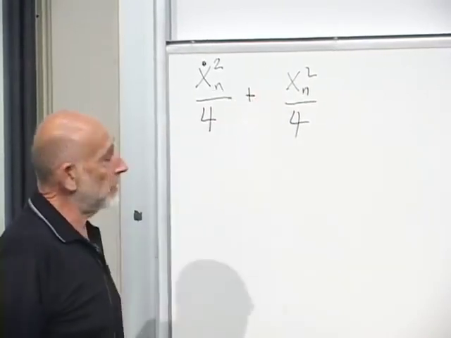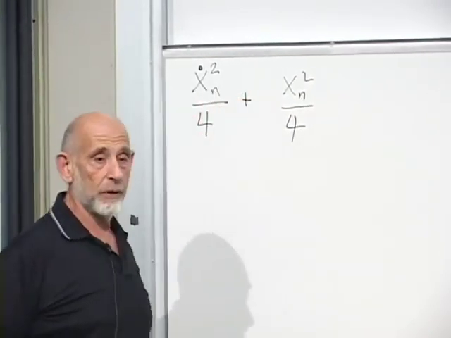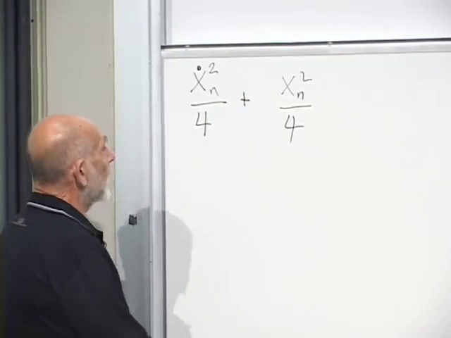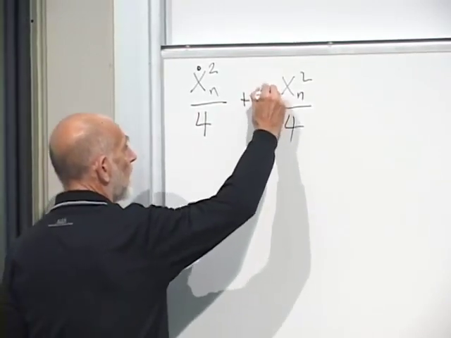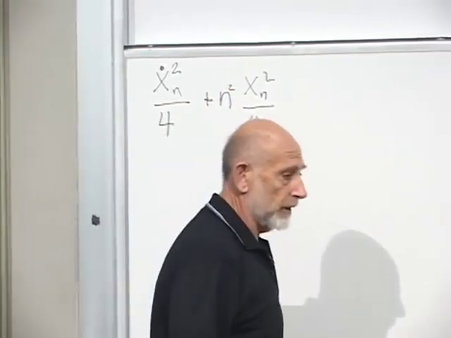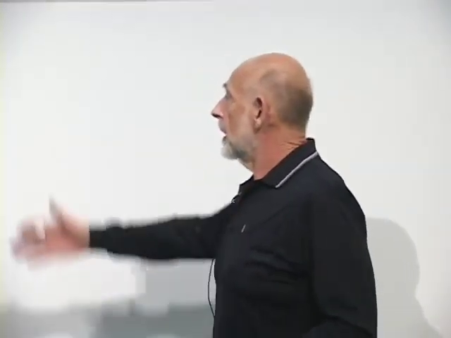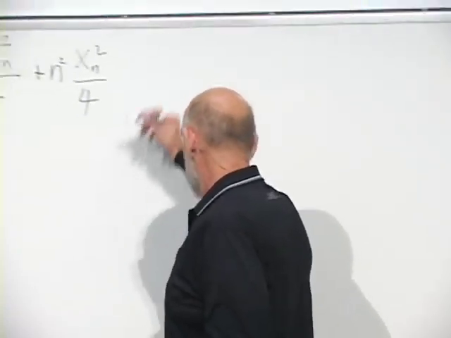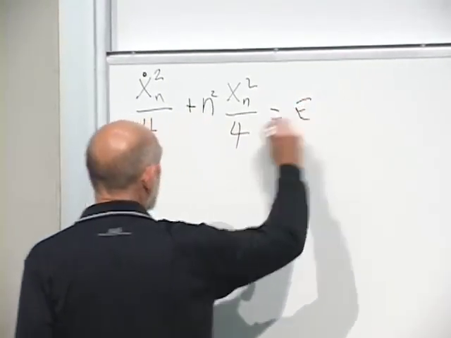And then, sitting in front is the square of the frequency of the oscillator, and that was actually just n squared. That's what we got for the energy of the nth mode of oscillation: x dot squared, and it's a harmonic oscillator, kinetic energy plus potential energy. That's the energy, call it E.